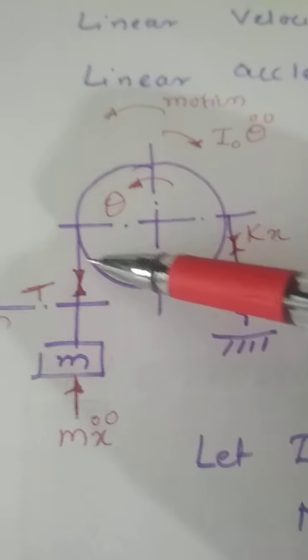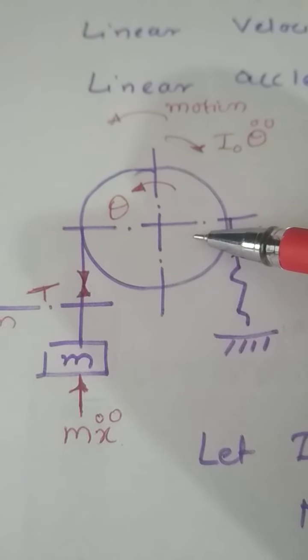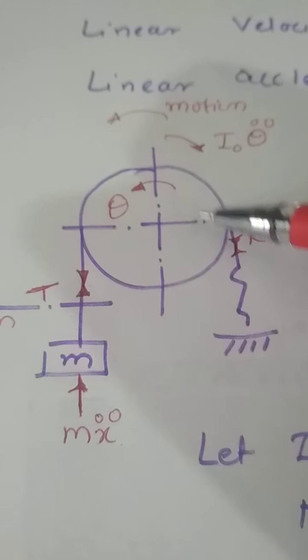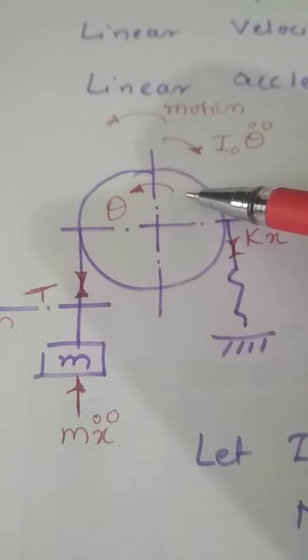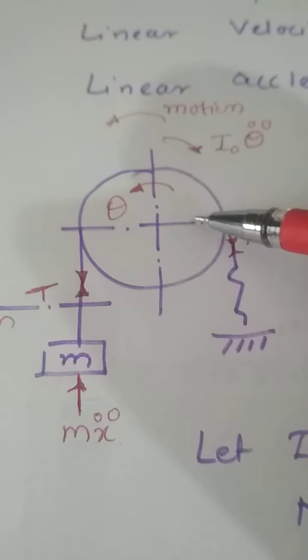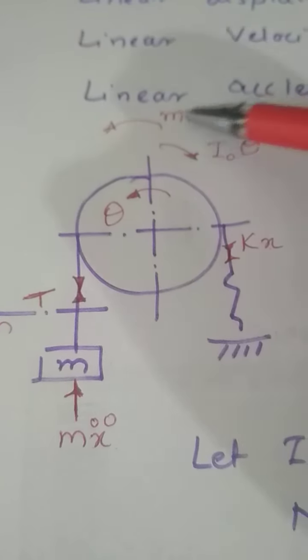Then we will go for the motion analysis of the capital M mass, meaning the pulley. As small m moves downward, the pulley will get rotated in the anti-clockwise direction by an angle theta. It means the motion is anti-clockwise.